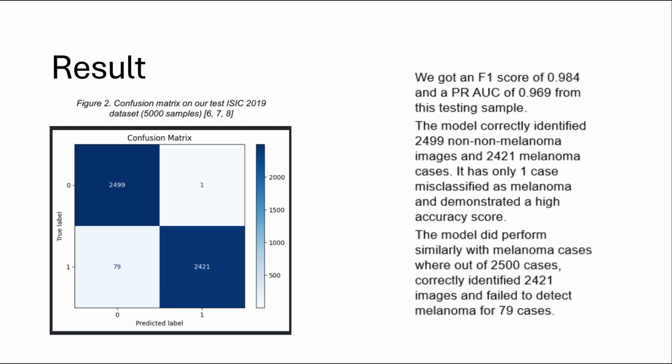We were able to gain an F1 score and an ROC AUC score of above 0.96. So we show that by fine-tuning these lightweight models and using them effectively, we can achieve similar accuracy to the heavier counterparts. This not only makes AI-driven melanoma detection more accessible, but also more feasible for widespread clinical use.